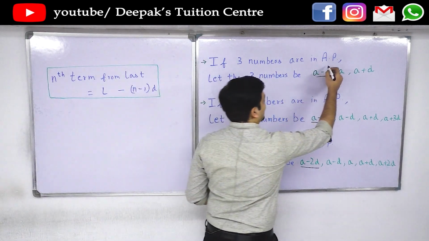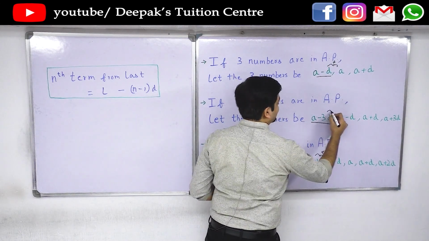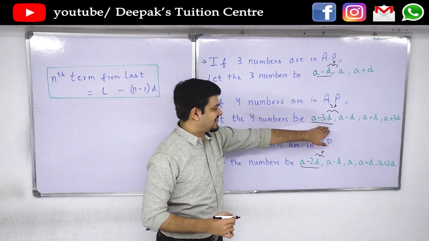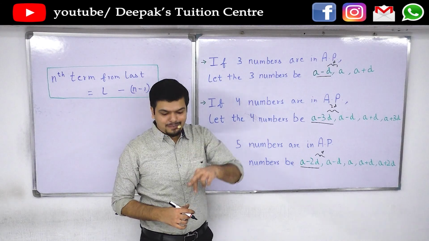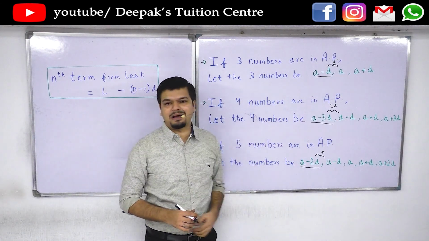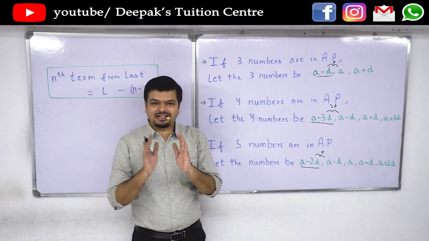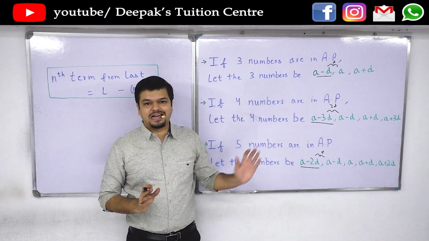In the 4-number case, 2D is the common difference, because to get from minus 3D to minus D, you have to walk 2 steps: minus 3, minus 2, minus 1. So the common difference is 2D. So do not consider A and D as the first term and common difference in this part of the chapter.